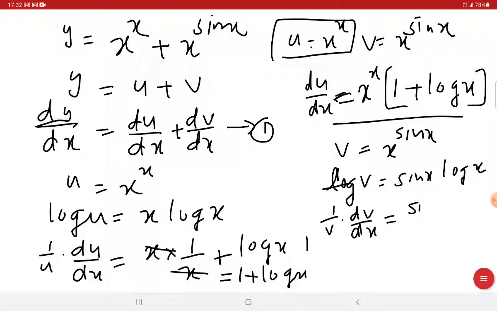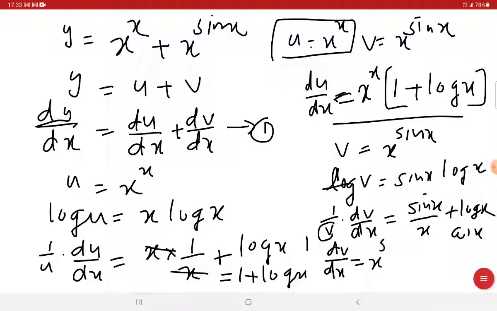So sin x into derivative of log x, that is sin x by x, plus log x into derivative of sin x, which is cos x. So log x into cos x. Now dv by dx is equal to v into, what is v? x raised to sin x. So x raised to sin x into sin x by x plus log x into cos x.